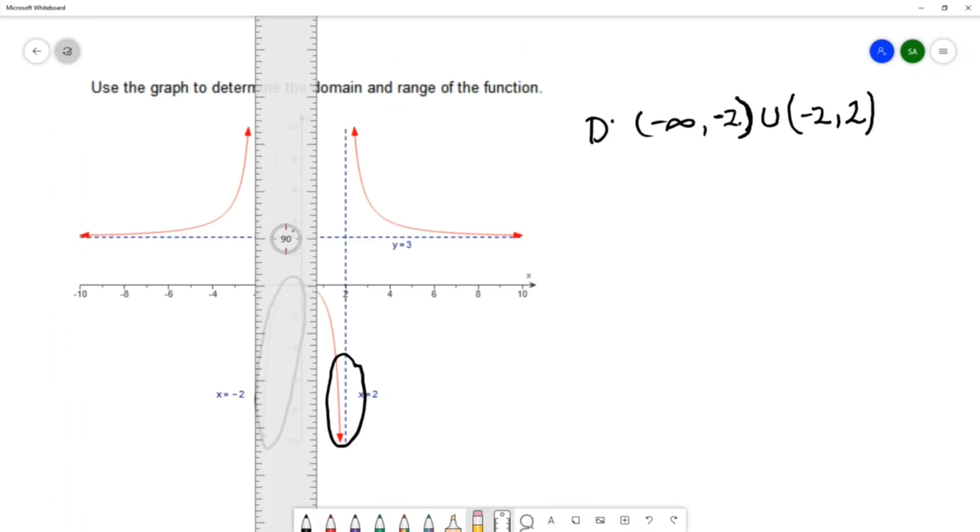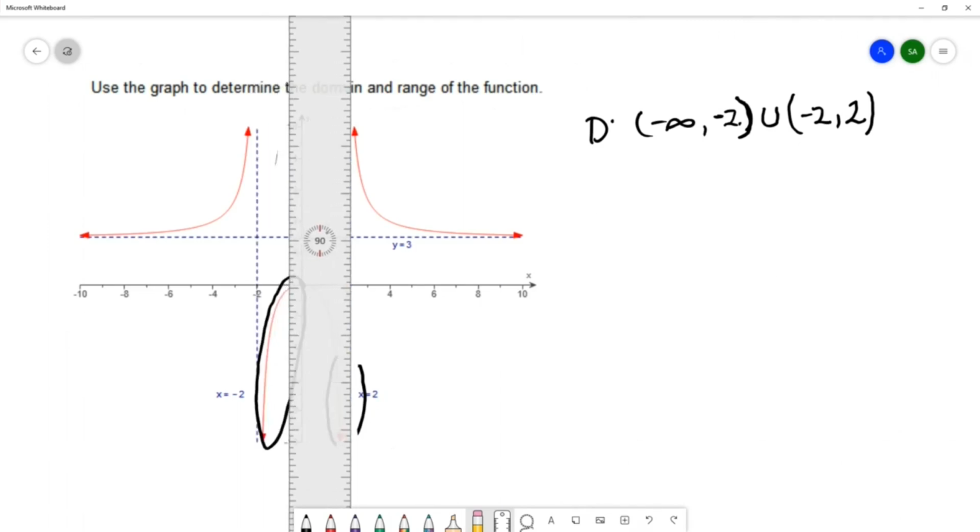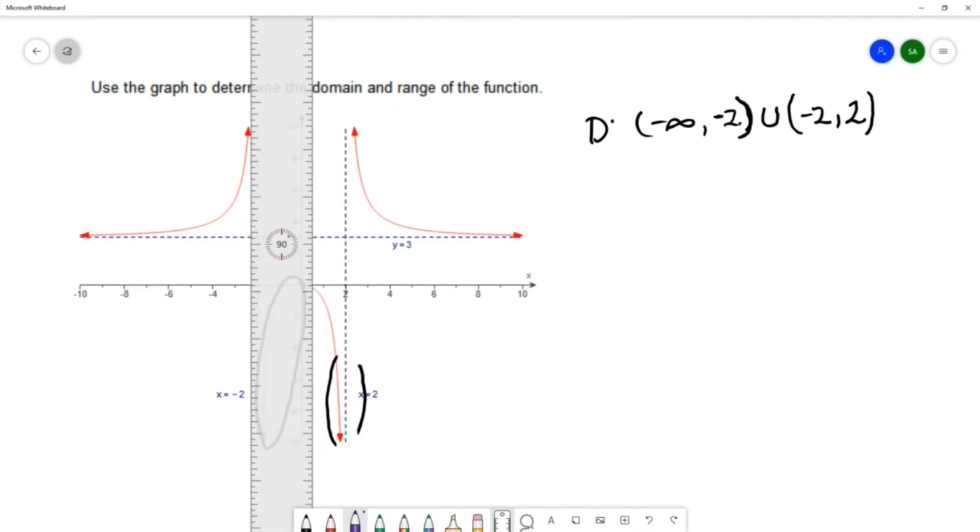If I go all along this vertical line, there is no part of the graph. There are no ordered pairs that have an x of 2. So my domain takes a break at 2, but then right after 2, this piece of the graph continues.